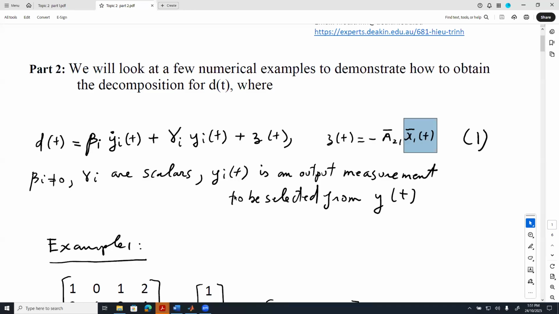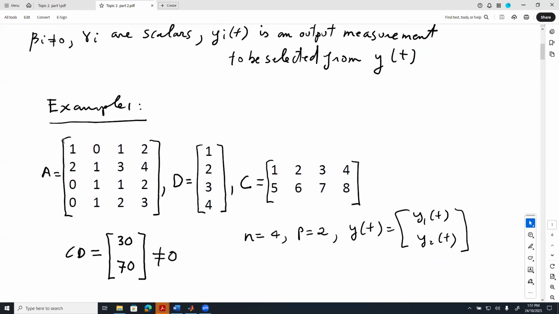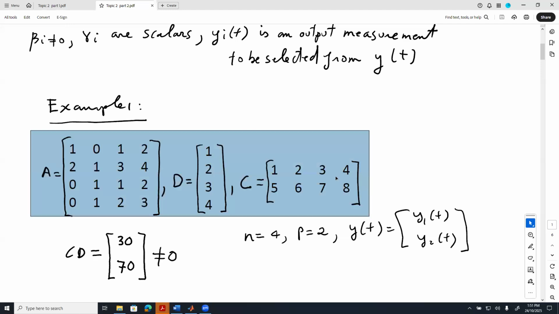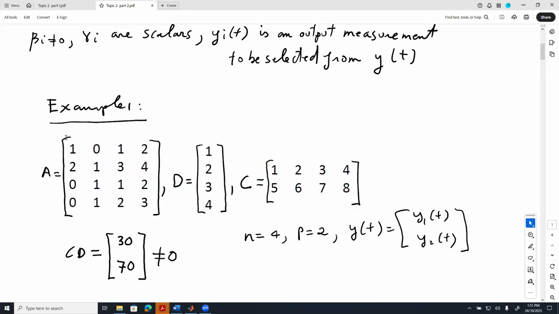So let us take the following example 1, where we pick the matrices A, D, and C arbitrarily. Here we pick matrix A, which is a 4x4 matrix, and it's arbitrarily selected.